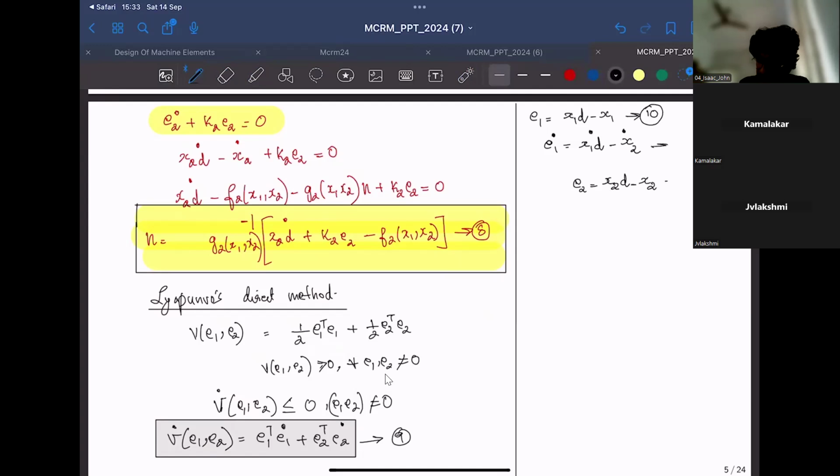I label this as equation 11, and I label this as equation 12. And from here, what would x2 actually be? x2 would be x2 desired minus E2. I label this as equation 13.